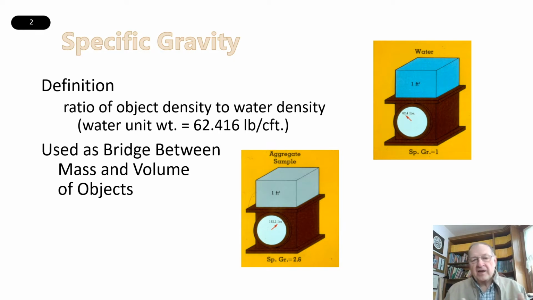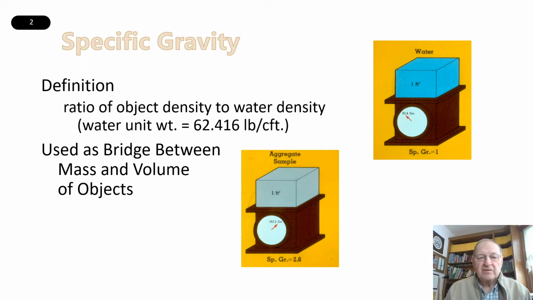A block of aggregate, let's say that we carved from a solid piece of rock that is exactly 1 foot by 1 foot by 1 foot, weighs 162.2 pounds, so it weighs 2.6 times more than the same volume of water.